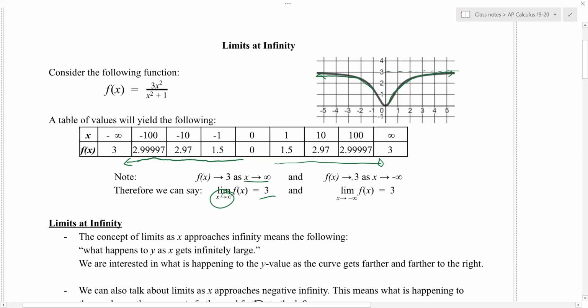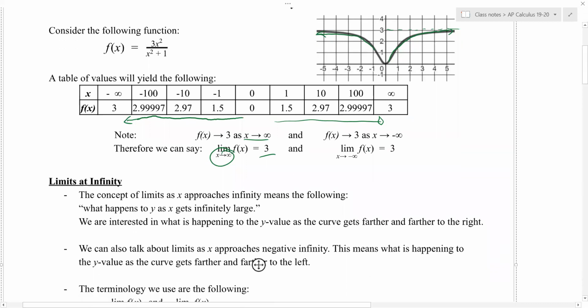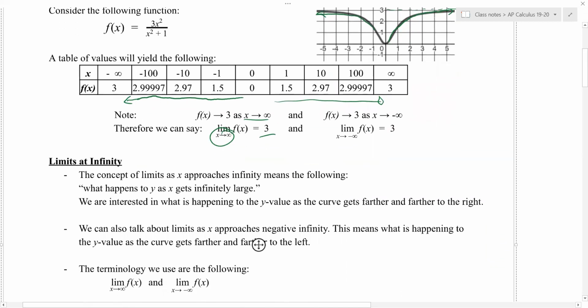So the concept of limits as x approaches infinity means what happens to y as x gets infinitely large, or as x goes farther and farther to the right, what's the y value? And when we talk about negative infinity, it is what's happening to the y value when x gets further and further to the left.